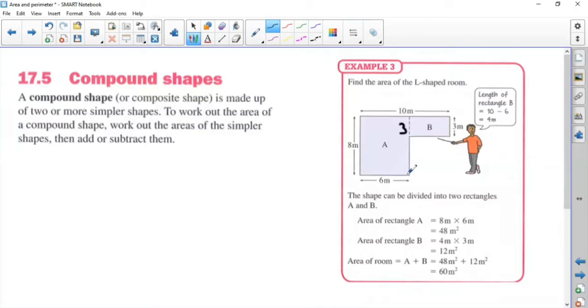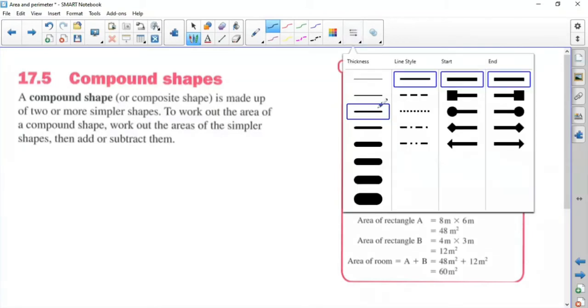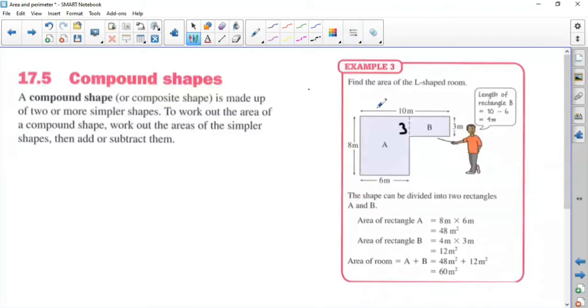What will be the remaining one? 5. Okay, since the whole side is 8, the remaining one is 5. Again, since it is a rectangle, this side is 6, which means this side is again 6 centimeters. The total length of this side is 10, so the remaining one here is 4, which means this side is 4 too.